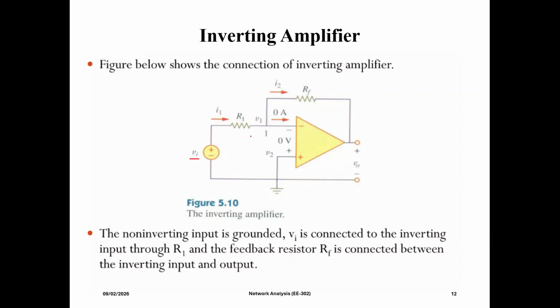Okay, so the operational amplifier responds by driving V0 negative to pull current back through RF and keep V1 at 0. Okay, so a negative output is proportional to the positive input, and conversely a negative input produces a positive output.